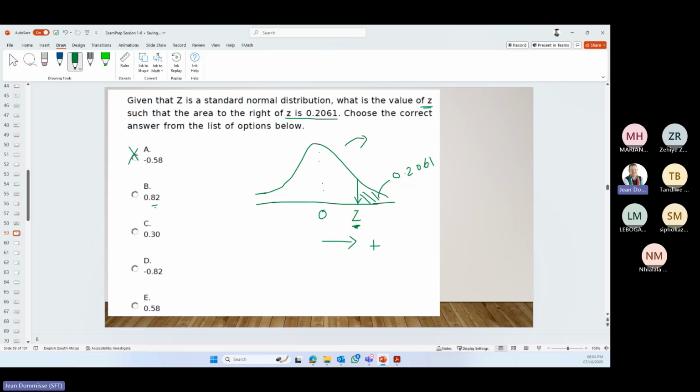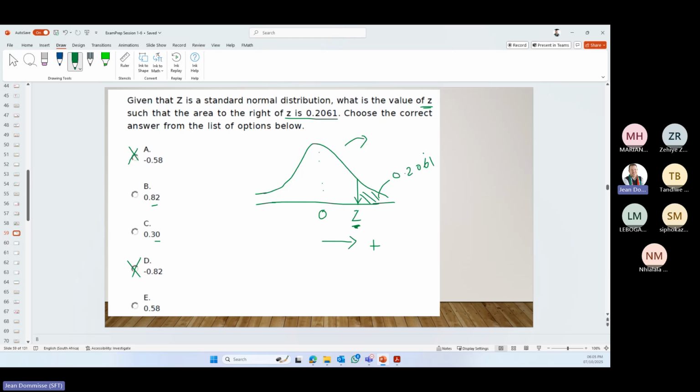Okay, 0.82, yes, might be. 0.3 might be. Minus 0.82 can't be because it needs to be a positive number. 0.58 again might be. So again, in the exam, if this is one of those questions where time is running out or something like that, then at least 3 options to guess out of and not 5. So it does eliminate some of the options that you're looking at.